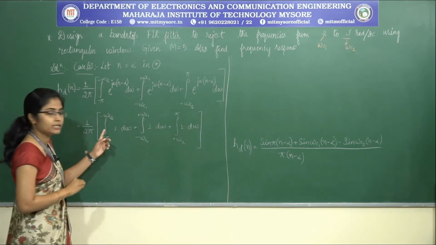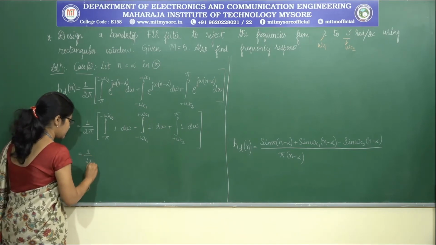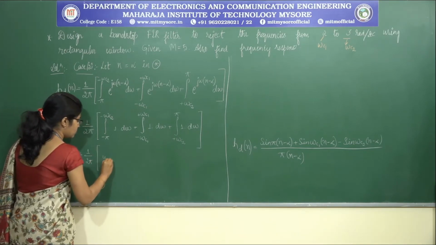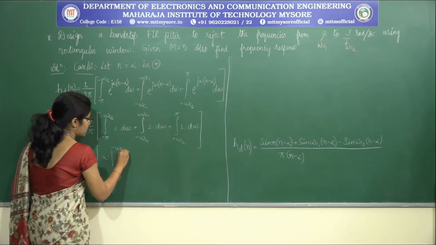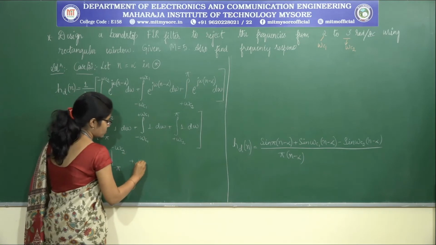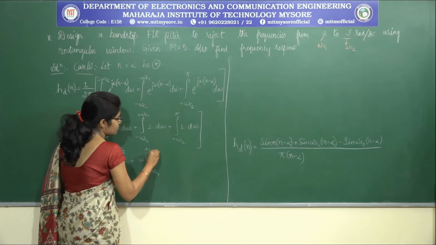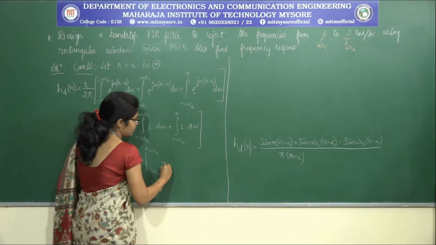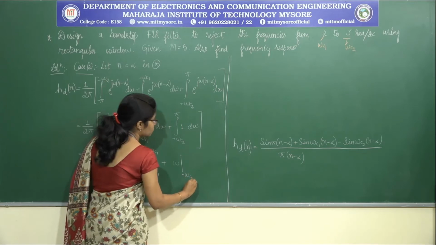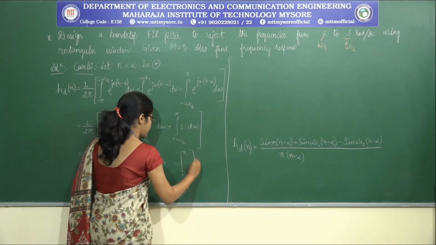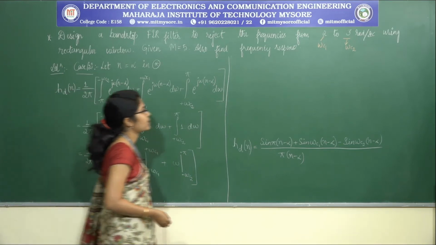Now if I integrate 1, we are going to get 1 divided by 2 pi into omega under the limits minus pi to minus omega c2, plus omega under the limits minus omega c1 to plus omega c1, plus omega under the limits plus omega c2 to plus pi. In the next step, let us substitute the limits and see what is happening.